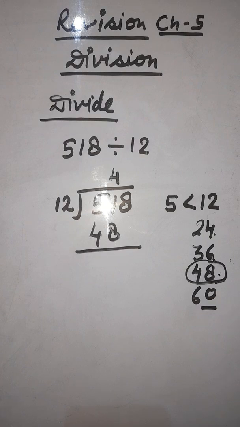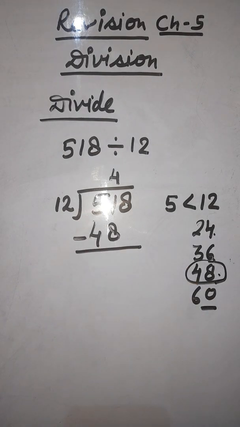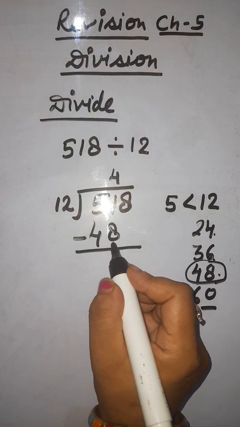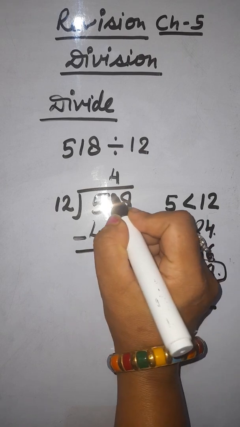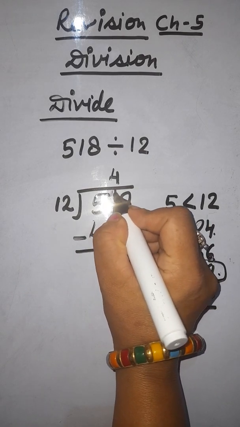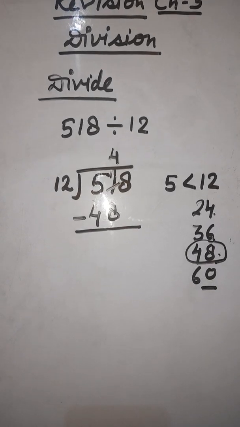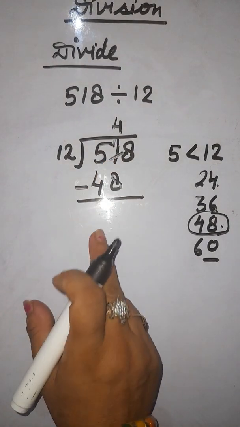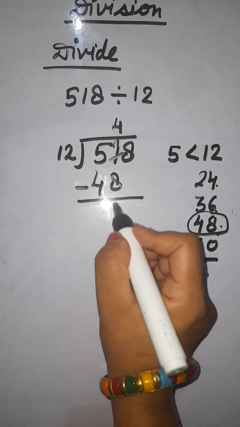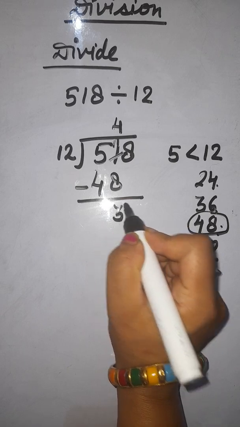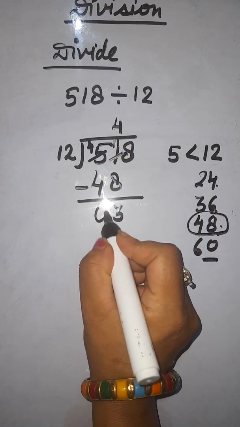Now in the next step we'll subtract. 8 from 1 we can't subtract, so we'll borrow 1 and it will become 11. Now subtract 8 from 11, we get 3. And here 4 minus 4 is 0.